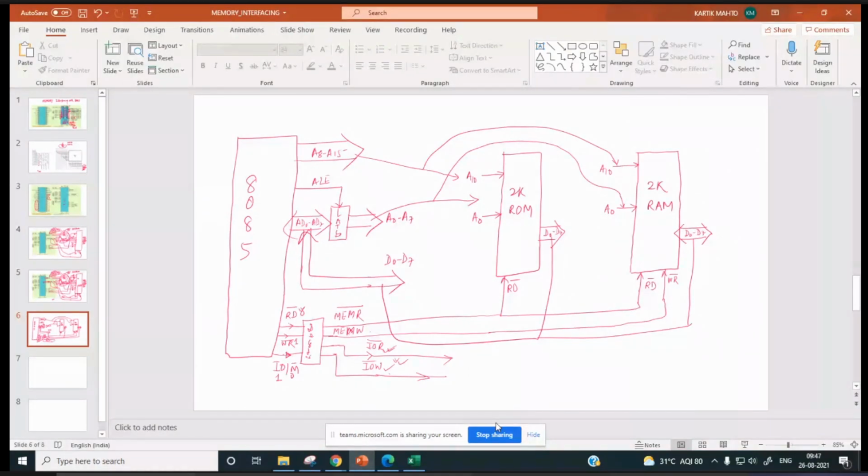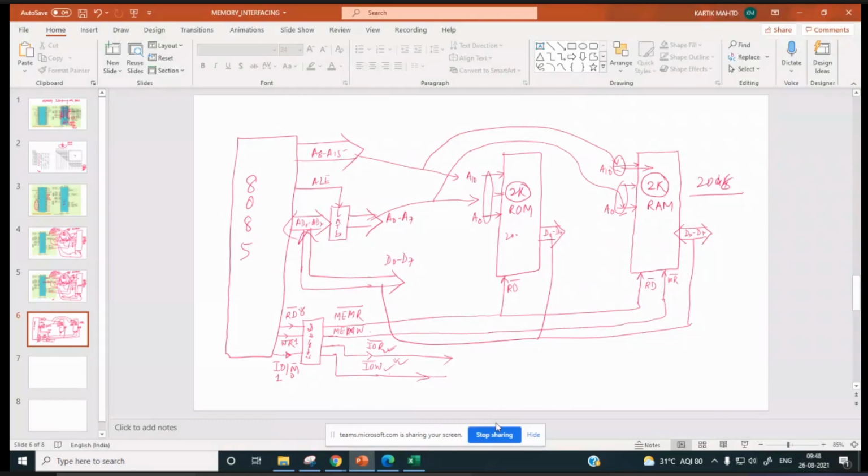Now in 2K ROM and in 2K RAM, we have 2048 bytes each. Now this A0 to A7 is connected to these pins, and A8 to A10 is connected to this ROM chip also. Likewise A0 to A7 is connected to this RAM chip, as well as A8 to A10.